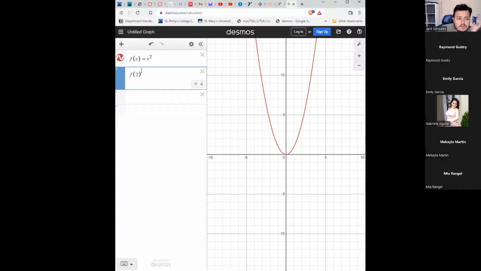Plug in a 2 into the function f, I get 2 squared, right? Now, if I were to use a negative 2, you see how I get the same result here, right? So it doesn't matter because it's even, positive or negative, you're going to yield the same result. So it's as if you use the positive if you plug in the negative. So that's what that notation is saying. So cosine, if you plug in a negative angle, you can just switch to a positive angle.